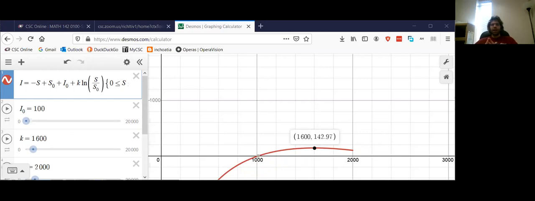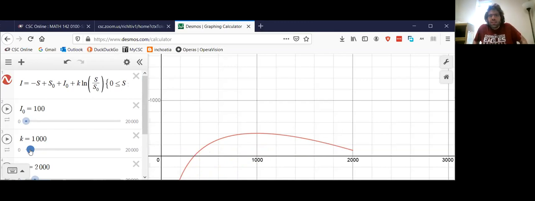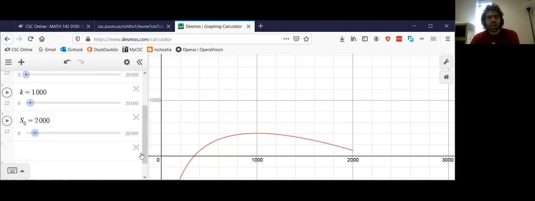However, we might not have much control over K. These are disease parameters. Let's set our parameter K back to 1,000. Another way to think of things is to let K be fixed and decrease S sub 0.